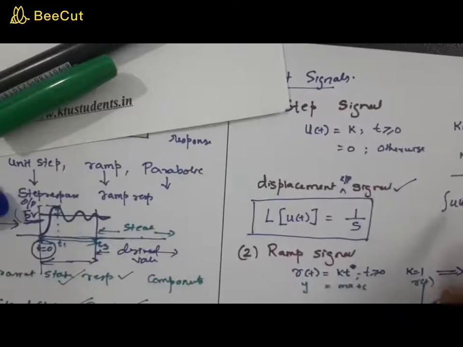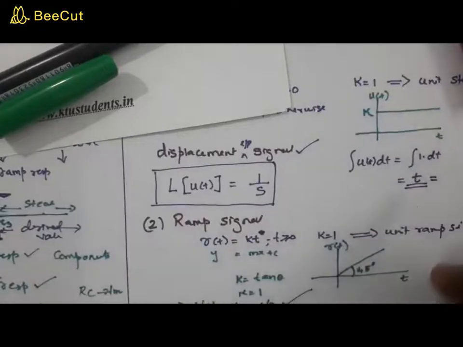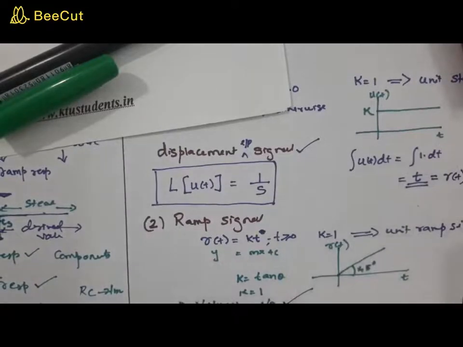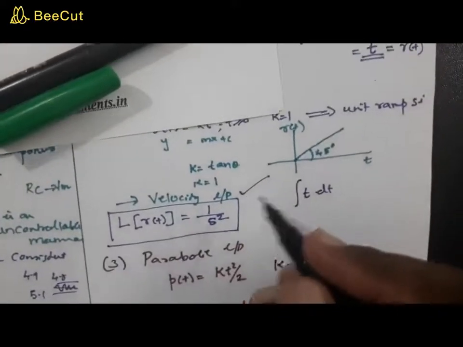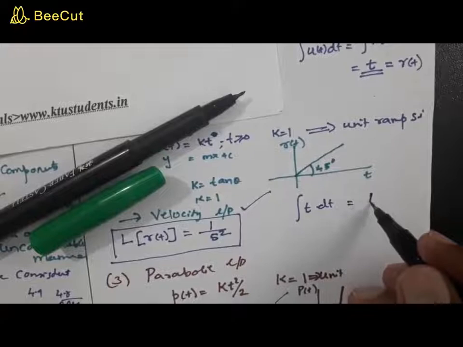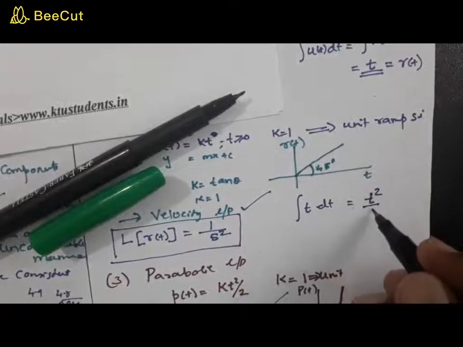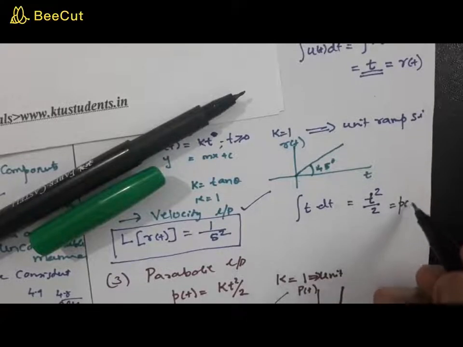So integrating a unit step gives a ramp input. If I continue integrating t dt, that is, integrating a unit ramp signal, the result is t square by 2, which is your parabolic input.